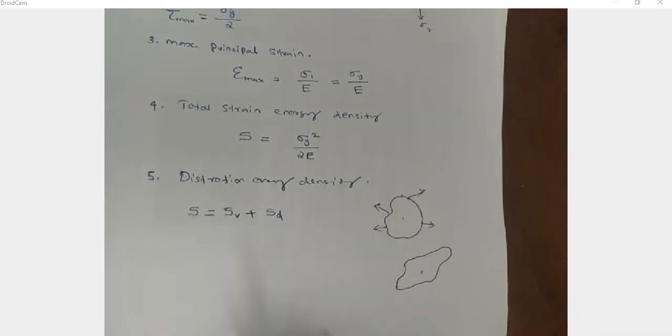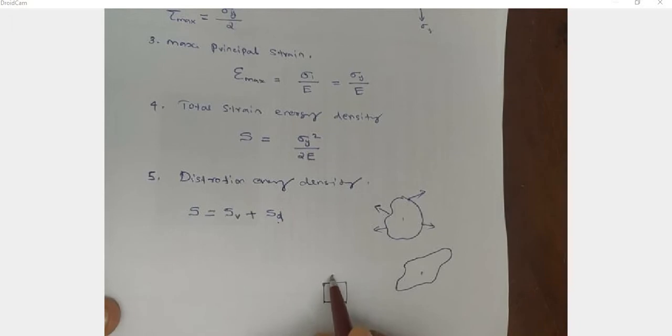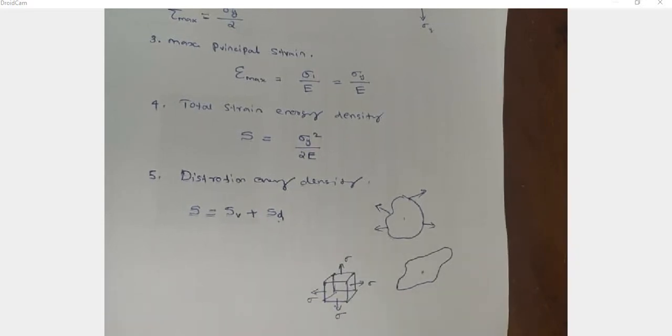So what are the volumetric strain energy and the distortion strain energy? For example, if this body is subjected to hydrostatic stress, what is hydrostatic stress? A stress acting in every direction that is the same. When this body is subjected to hydrostatic stress, there will be volumetric strain.